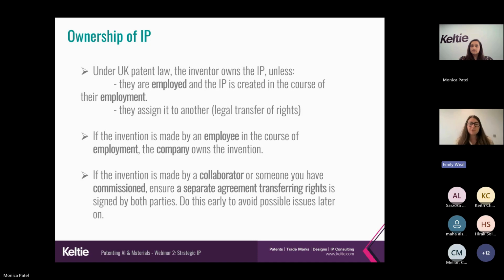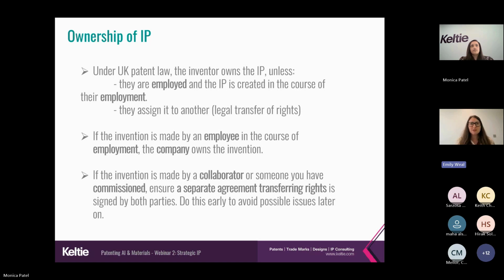That's perfectly possible. So you will see patent applications that are filed in the joint names of two people or two companies. It can make things a little bit more complex when it comes to handling the patents and the patent applications. So you'll need to make some choices about who pays for the patent applications in that situation. Do you split the cost? Does one party pay?